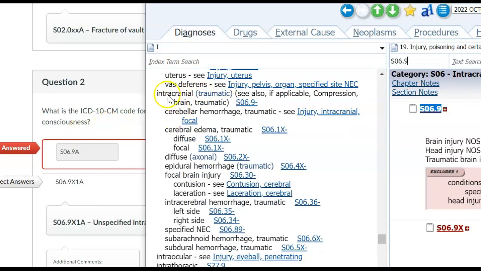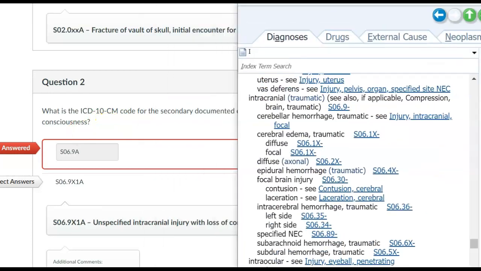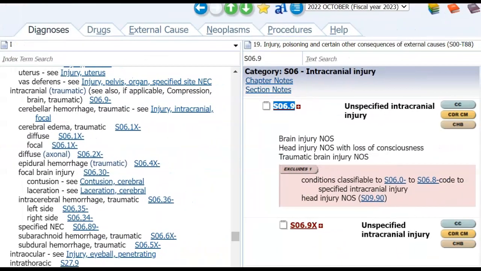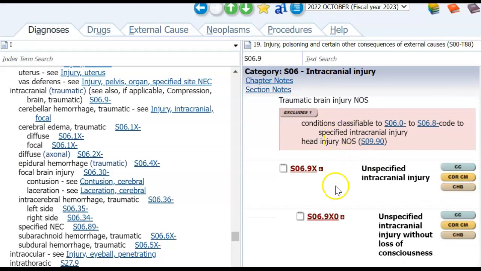And then you're going to go down to intracranial, correct? Okay. So as you see here, you have S06.9, right? So when you look this up in your tabular, you have S06.9, but you see that little plus mark means we need more codes.